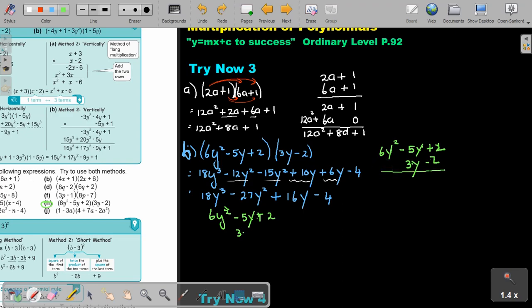Okay, so this is going to be negative 4. Always write the sign here. This is going to be positive 10y, so write positive, otherwise you don't have a sign there in front. Still struggling with the pen. Okay, and this is going to be negative 12y squared.